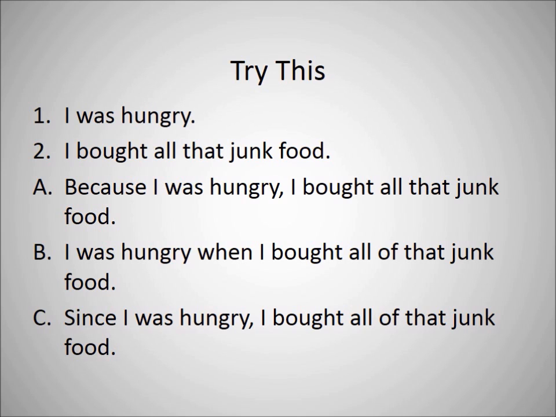I want you to figure out which sentence, A, B, or C, combines these two sentences so that sentence 1, "I was hungry," is the main idea. What does that mean? Think about what main idea means. What's not going to be attached to the words "I was hungry"?